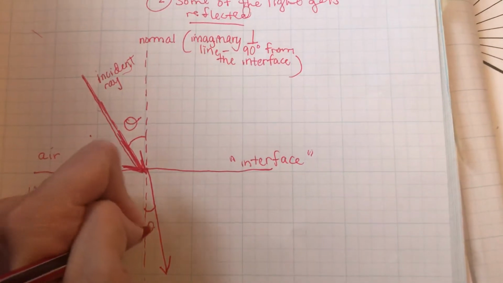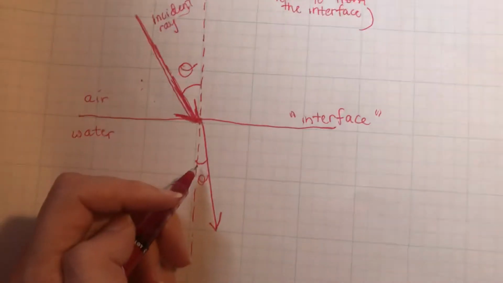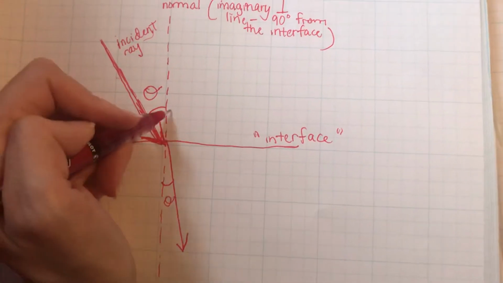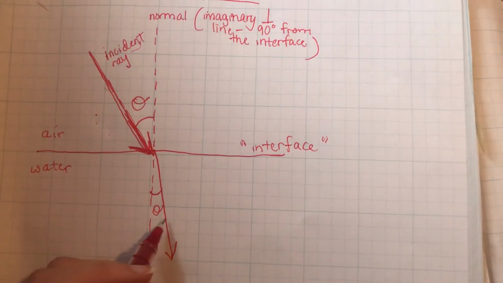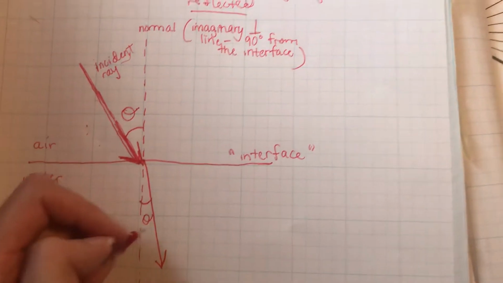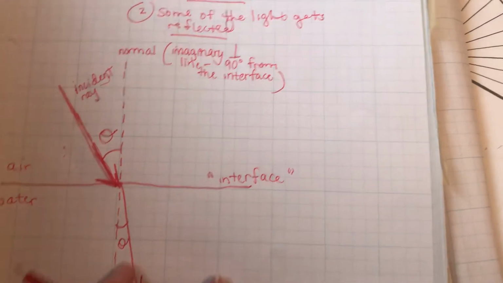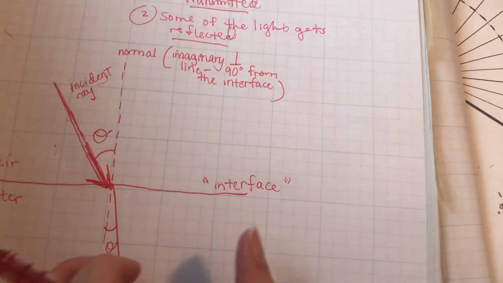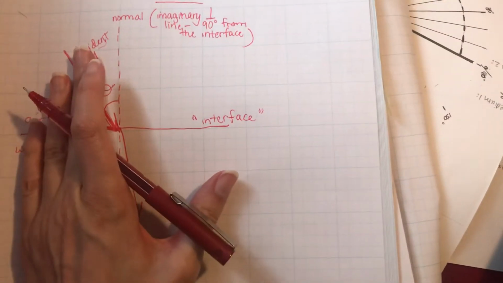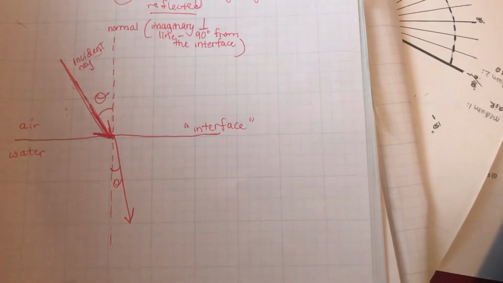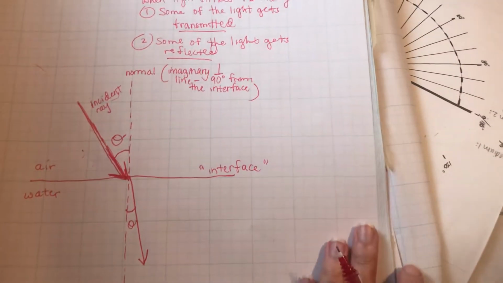As you can see, this theta, or this angle here, is much smaller than this angle. Again, I'm measuring it relative to the normal. Or it can bend away from the normal, meaning theta in medium 2 is greater than theta in medium 1. And we're going to talk more about that phenomenon, which is called refraction, in a later video.